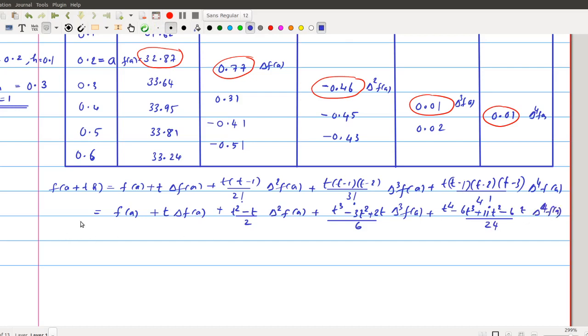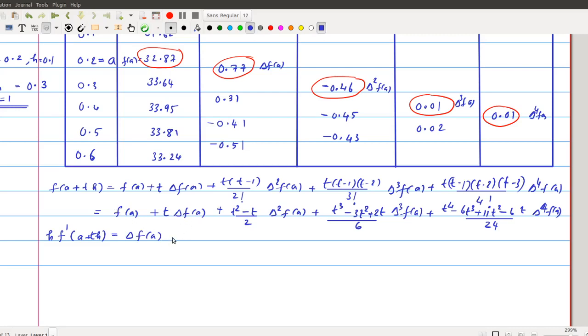Okay, now differentiate this. When you differentiate this, you get h into f dash of a plus th. That will be del f of a. By differentiating we can cancel this.